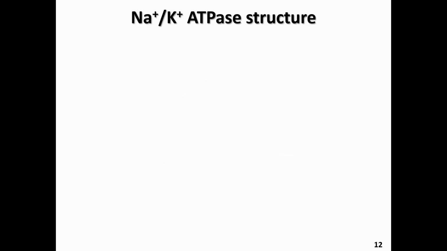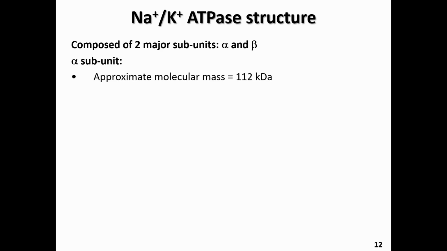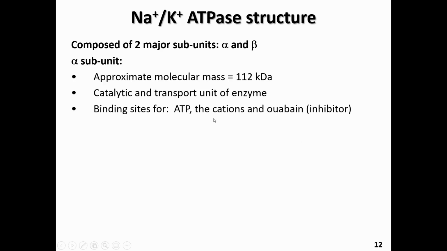The protein is structured as 2 major subunits termed alpha and beta. The alpha subunit is the larger of the 2, and it is what is referred to as the catalytic and transport unit of the enzyme. In other words, it has a binding site for ATP.